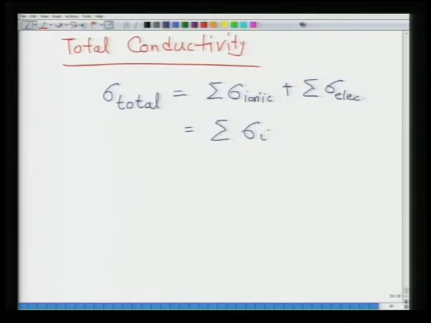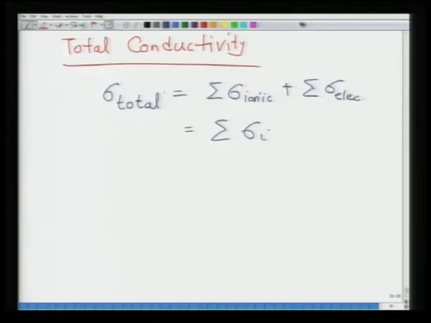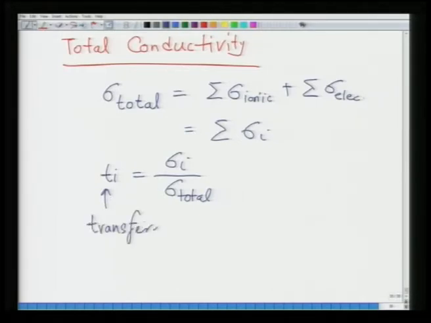The fraction of the conductivity carried by each of these species, that is, the conductivity of each species with respect to the total conductivity, is called the transference number. So, t_i is equal to sigma_i divided by sigma total, and this is called your transference number. So, now you can see that t1 plus t2 plus t3 plus so on up to t_i will always be equal to 1.